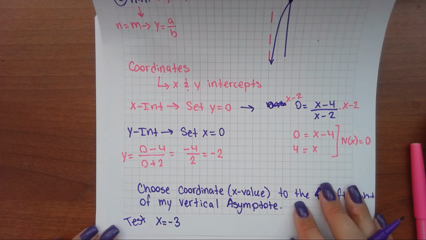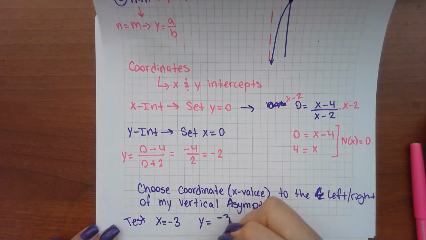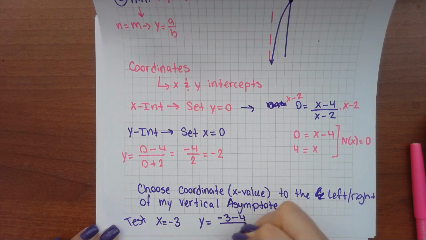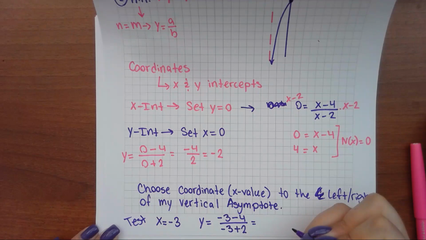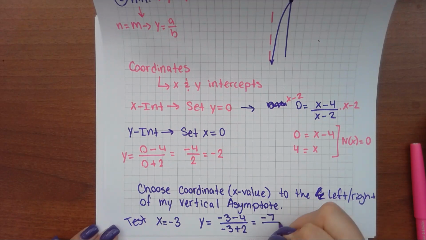So I have y is equal to negative 3 minus 4 over negative 3 plus 2. So now negative 3 minus 4 is negative 7. Negative 3 plus 2 is negative 1. So my answer is going to be 7.